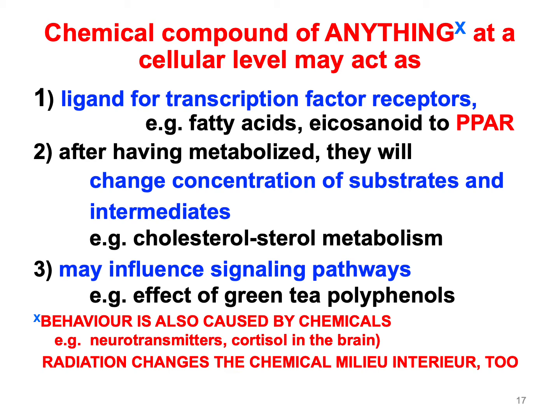Number two possibility, after having metabolized the chemical compound, they will change the concentration of substrates and intermediates in the cytoplasm, and of course the pH, etc. For that, an example is the cholesterol sterol metabolism in the cell, for example in the liver cells.